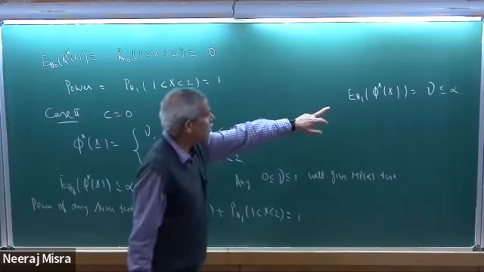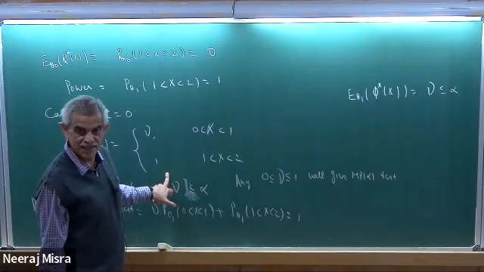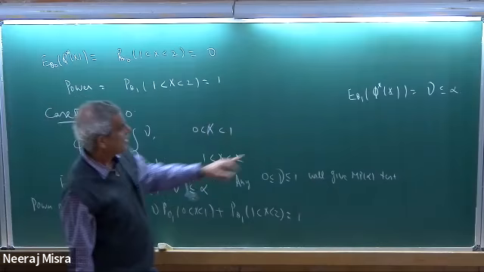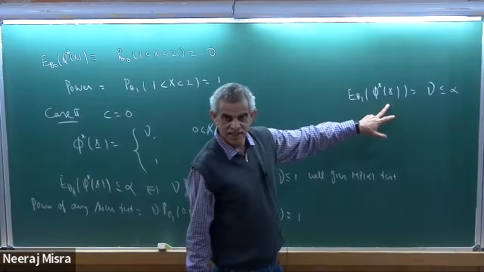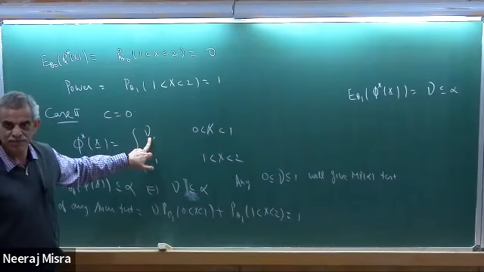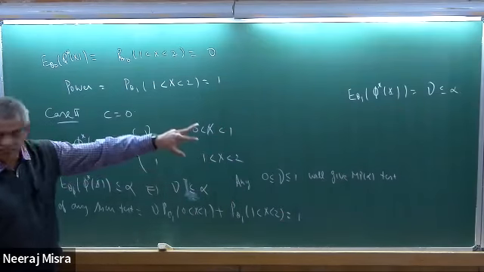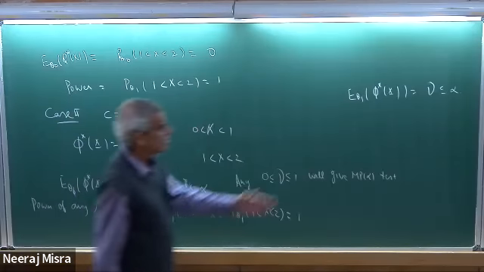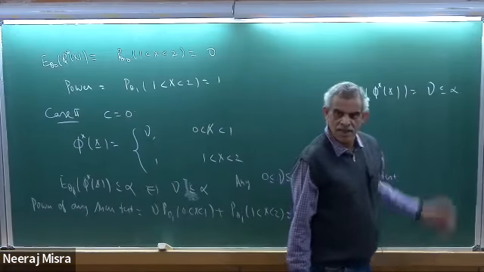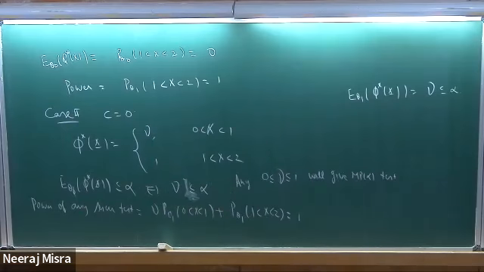Then I try to look at, if I look at any such test, what would be its size? E theta 1 phi star(x). E theta 1 phi star(x) is gamma, right? In this case, the expectation under phi star(x) is gamma, which is gamma times probability x lies between 0 to 1. This is gamma. And how have I chosen my gamma? Any gamma less than or equal to alpha would do.